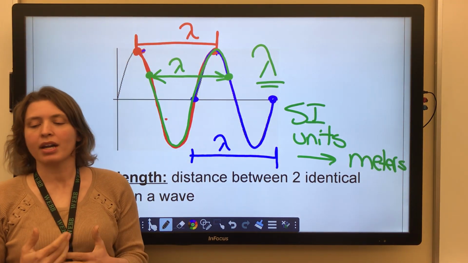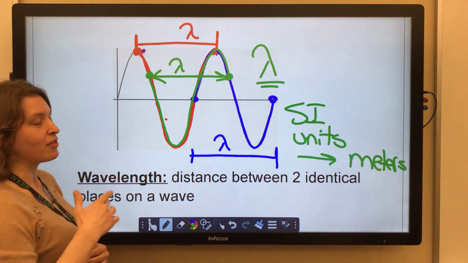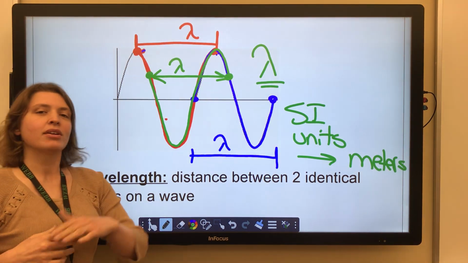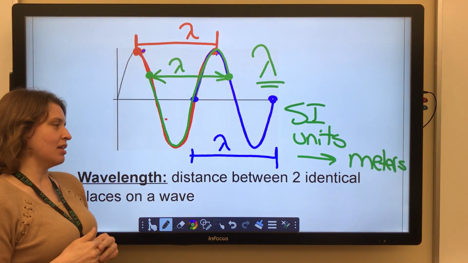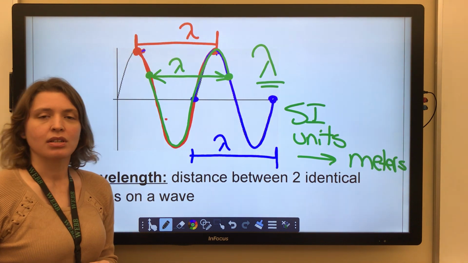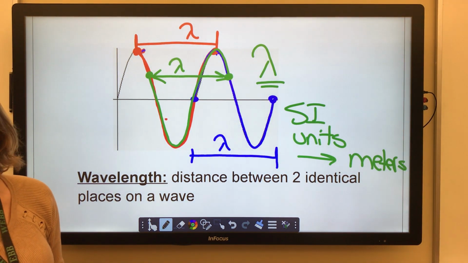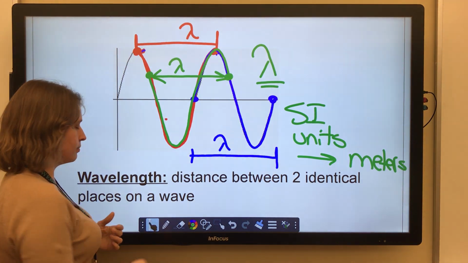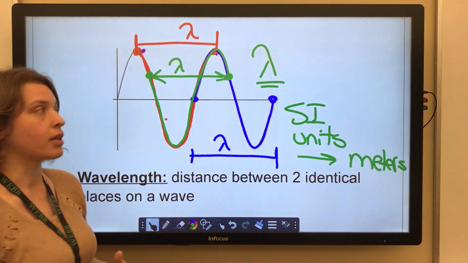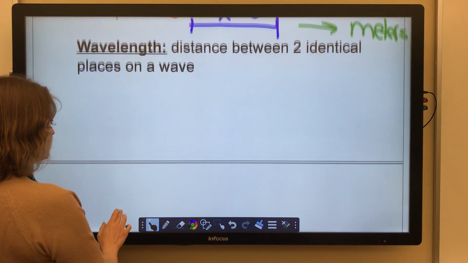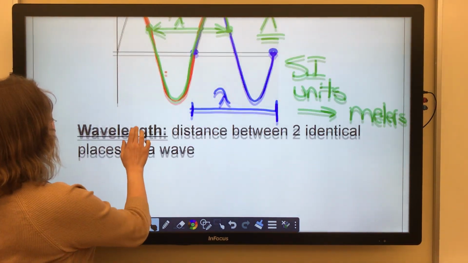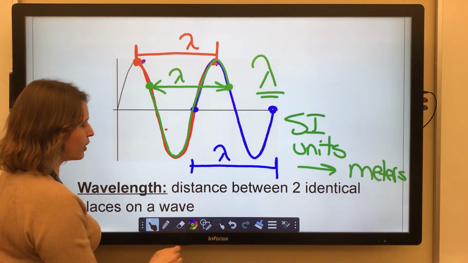Now, depending on what kind of wavelength we're dealing with, we might have to measure it in kilometers, we might need to measure it in nanometers. So this is a point where you might need to go back and forth and use your base SI unit conversions in a few different cases here. Now, a few other vocabulary points here.